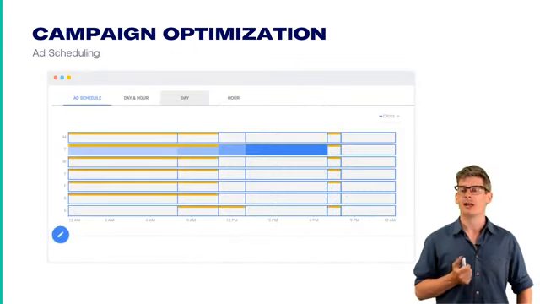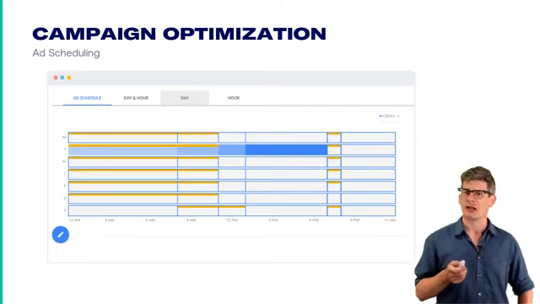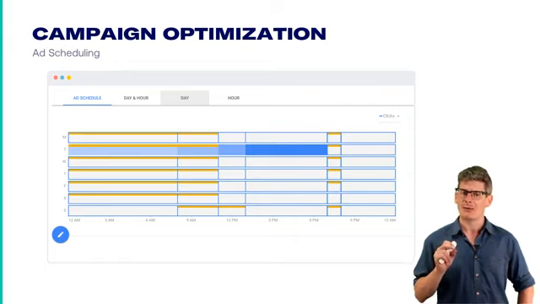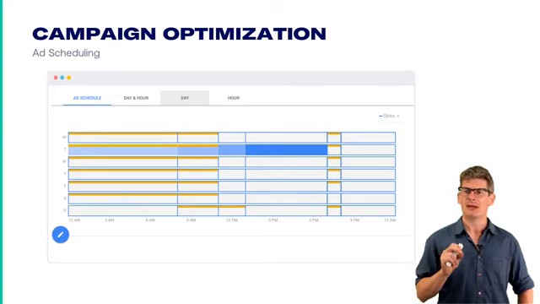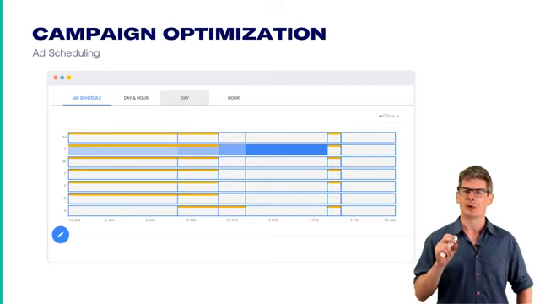And then finally, we've also talked about ad scheduling as an important factor for driving efficiency in your campaigns. You're able to bid up and down at certain points of the day.